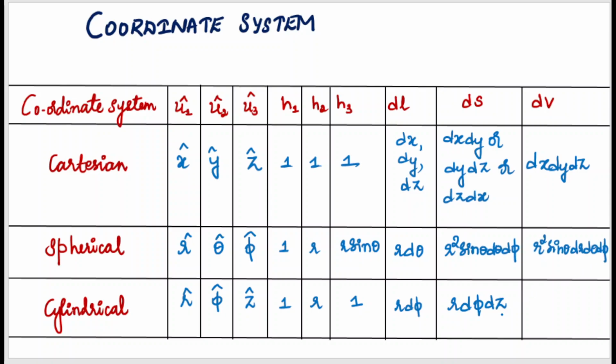Whereas for the cylindrical coordinates, it is r dr d phi and dz. You need to be careful. In the cylindrical coordinates, the unit vectors will be r cap, phi cap, and z cap. The equations that will be given will be in terms of r, phi, z only. I hope this table is very clear to everyone.